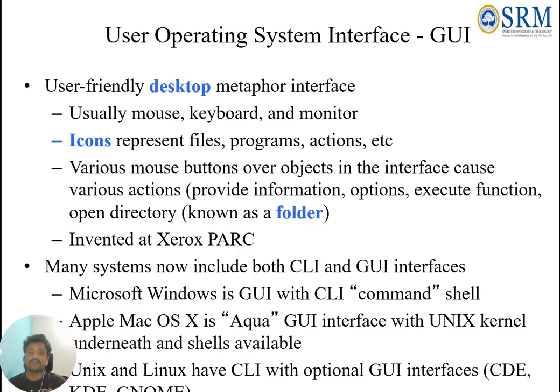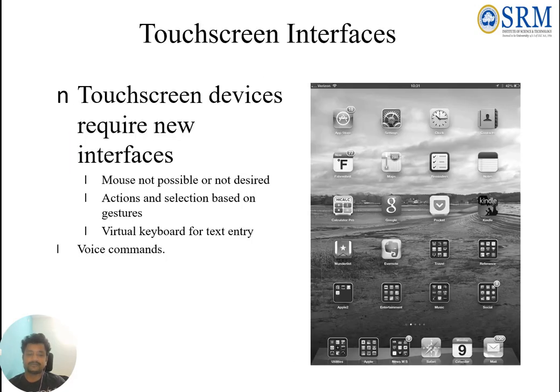Many other systems include basically CLI, but some OS are provided with both GUI and CLI. For example, Windows is provided with both GUI and CLI, like Mac and Linux too. In touchscreen, a new interface is required.